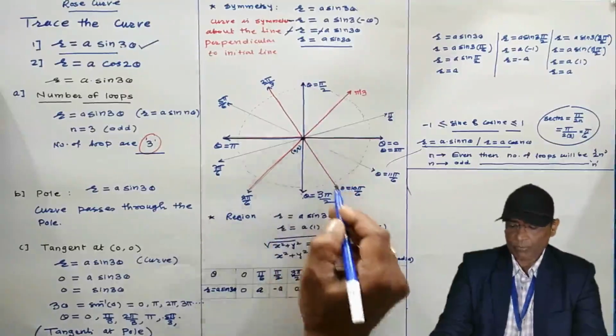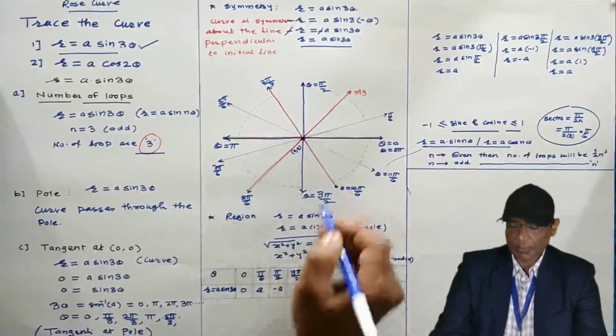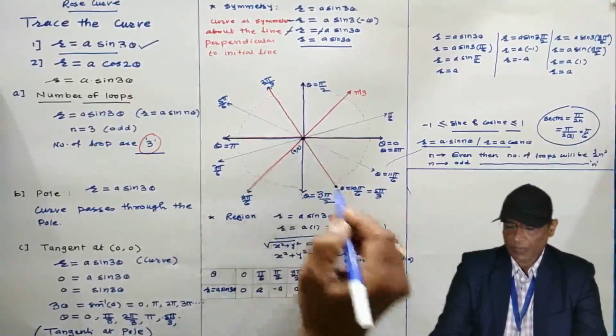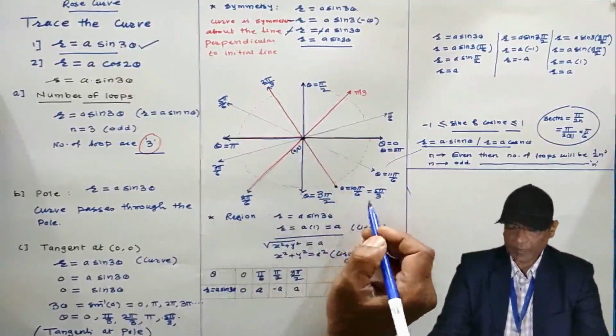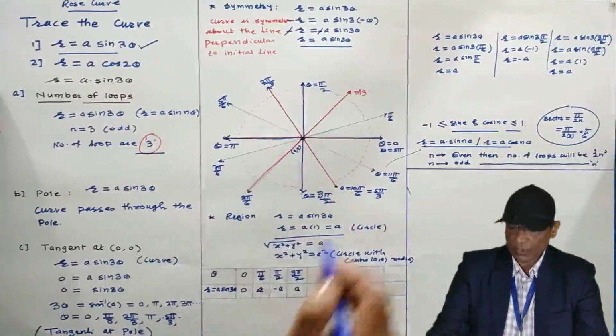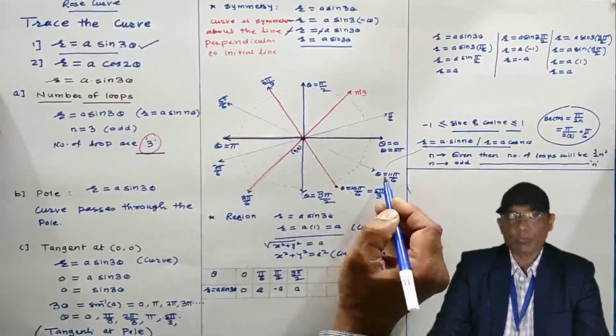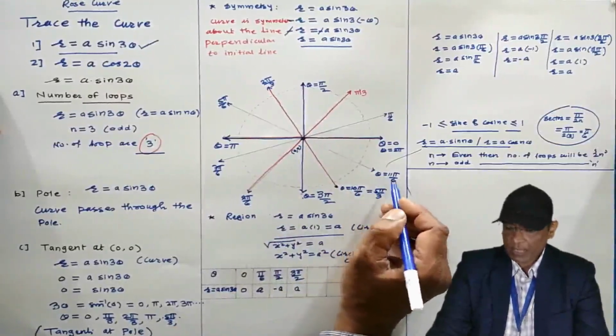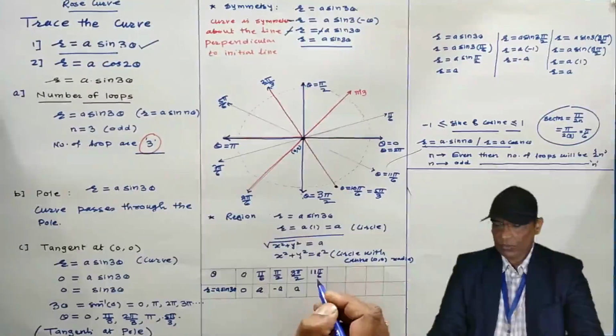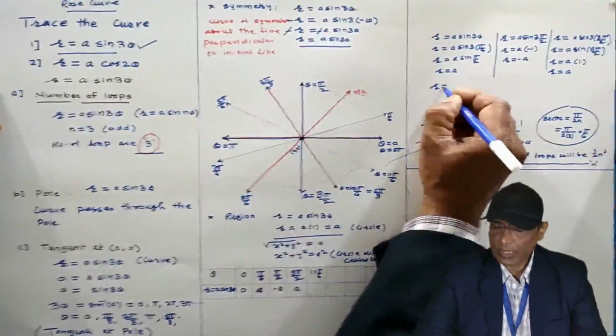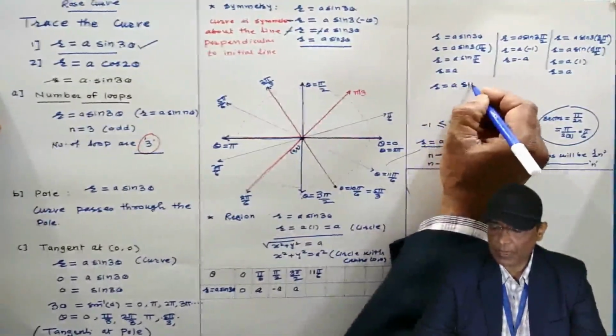The value of r for this I am not going to write here. The value of r for theta equals 5 pi by 3 is 0. That we have written here. Then come to this value, theta equals 11 pi by 6. If you put theta equals 11 pi by 6, what will happen here?